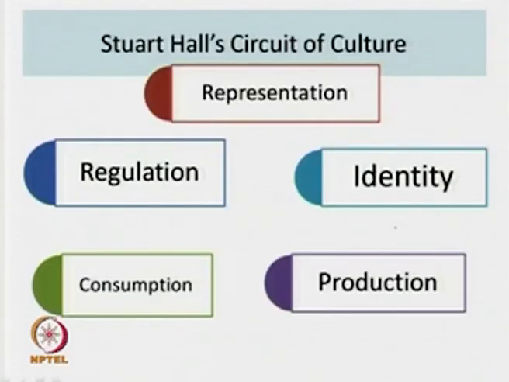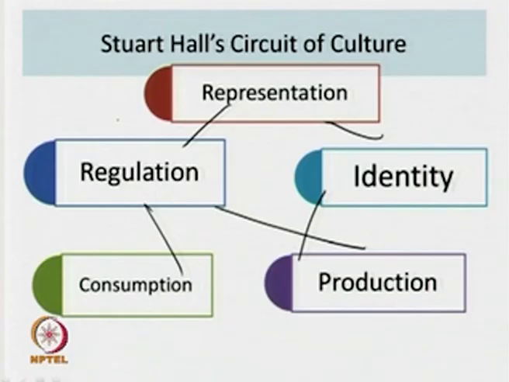By the circuit of culture, he means that elements of culture are not to be seen in their singularity or as discrete terms. The circuit of culture is such that representation, regulation, consumption, production, and finally identity, and perhaps even some other terms we could add and improvise on, act in a whole circuit.